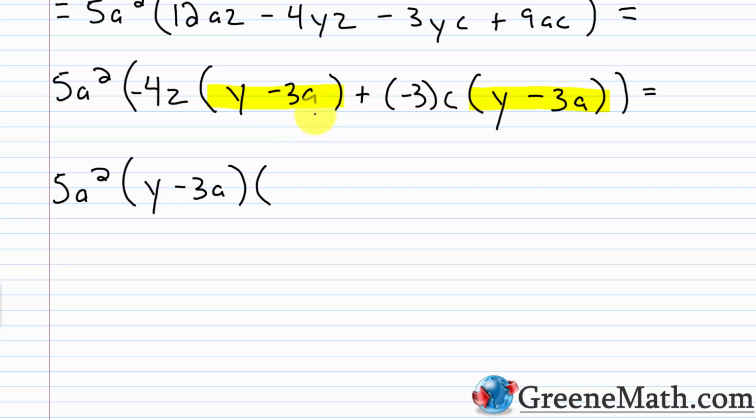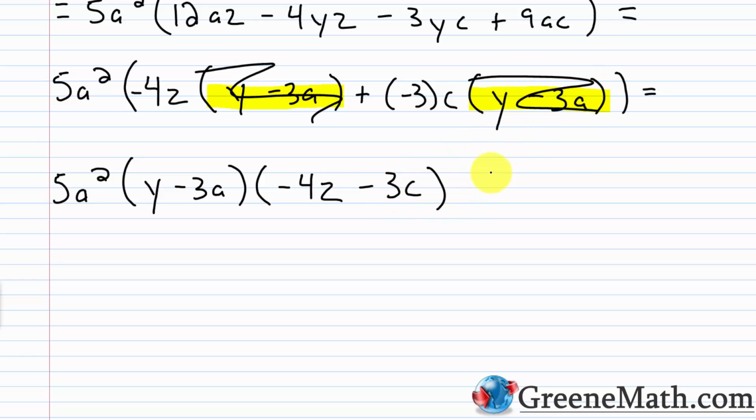If I pulled this out from here, if I canceled it basically, I would have a negative 4z. And then I would have a minus 3c. This would be canceled, right? So I have my answer. 5a squared times the quantity y minus 3a times the quantity negative 4z minus 3c.